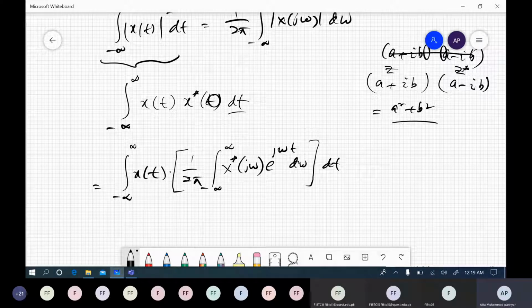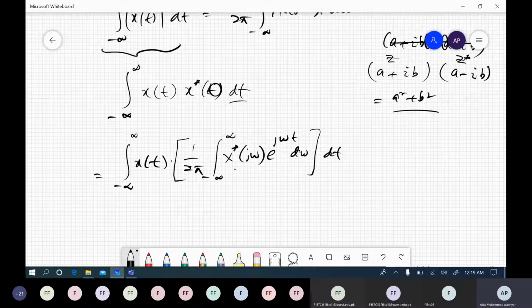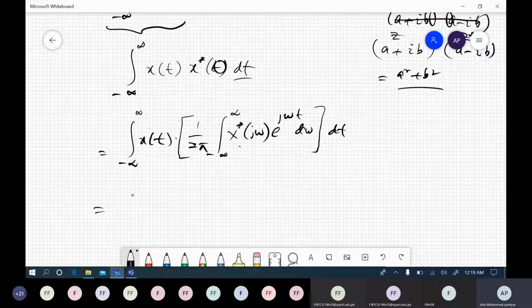So we can write it. One thing we can note is that this x of j omega, if we want to rearrange this, we can rewrite it from minus infinity to infinity.